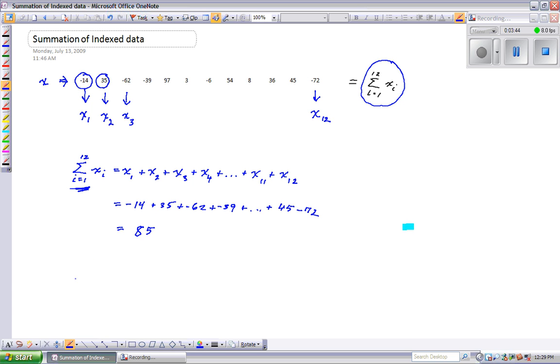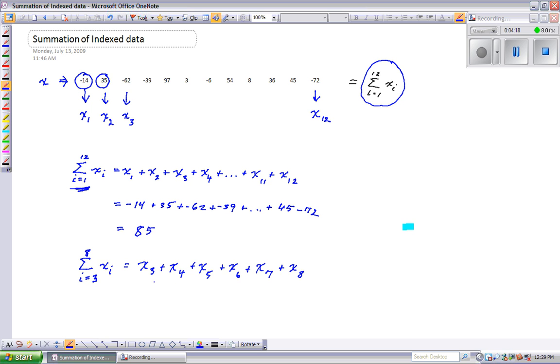The index on these things doesn't always have to start at 1. The index could start at 3, and it doesn't have to end at the last number. It could just be 3 to 8, of x sub i. That would mean we would be adding x sub 3 plus x sub 4 plus x sub 5 plus x sub 6 plus x sub 7 plus x sub 8.